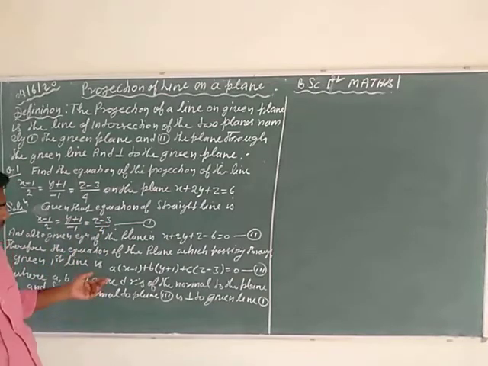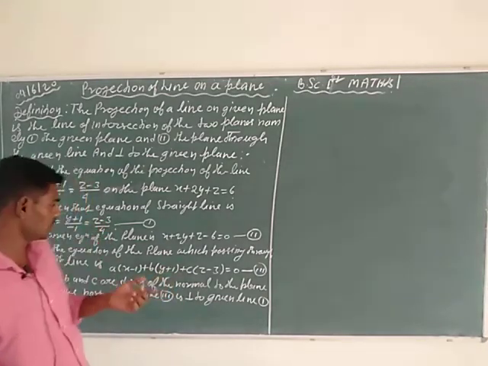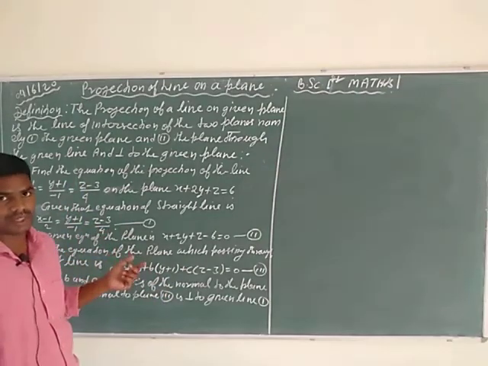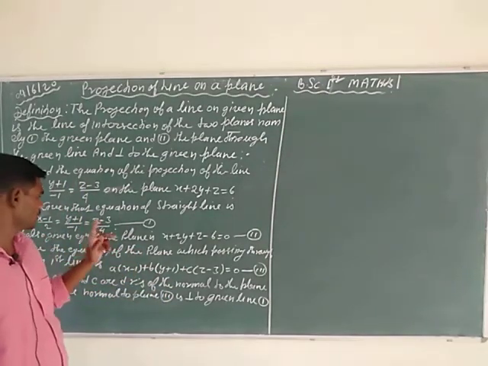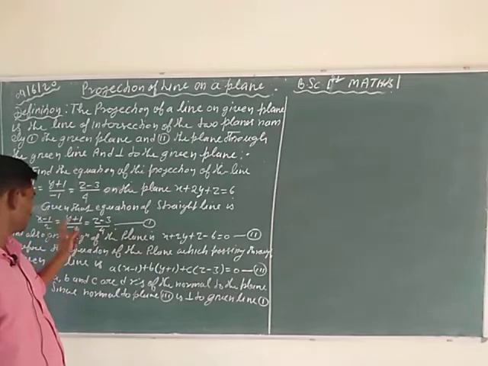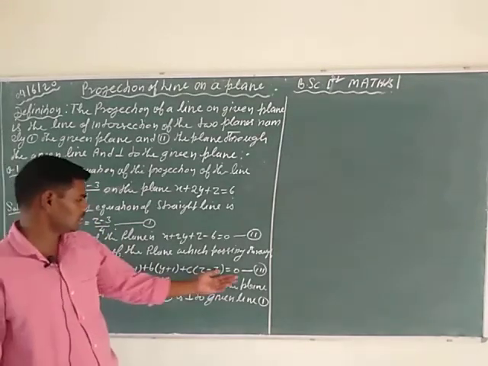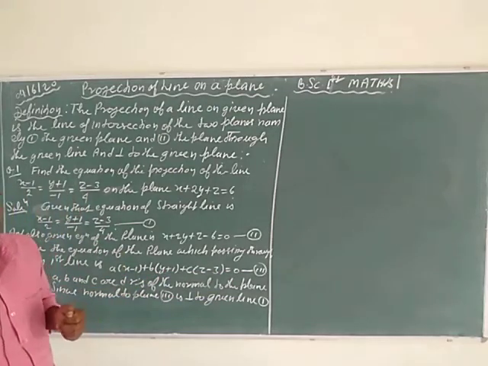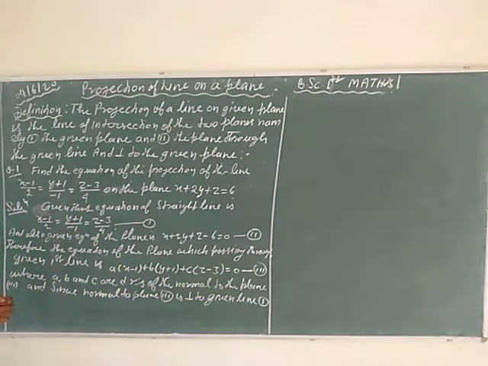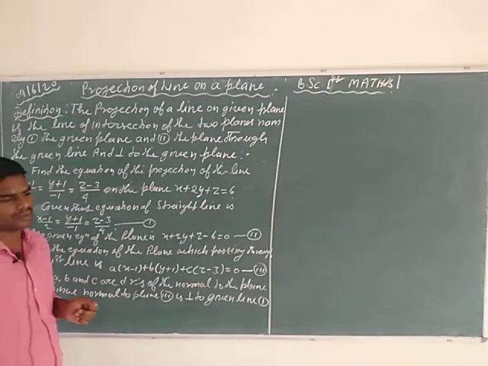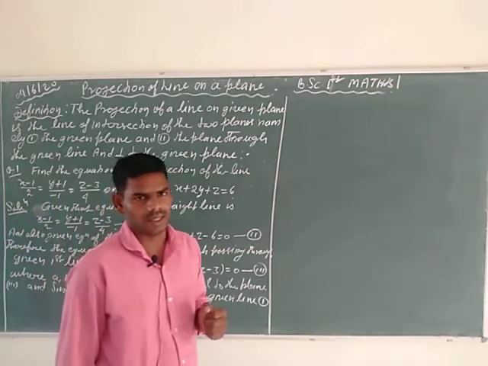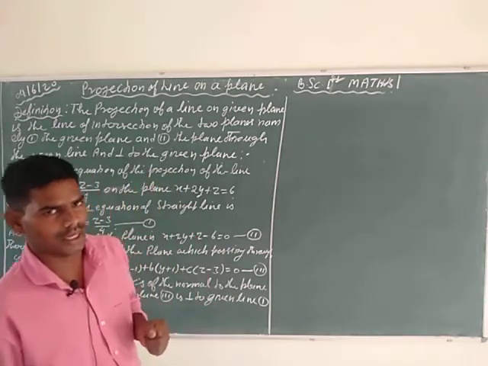So the required plane, passing through this line, must pass through the point (1, minus 1, 3). Therefore, the equation of the plane is this. Also, the normal of the plane which passes through the first line must be perpendicular to the straight line. It is a property of line and plane.